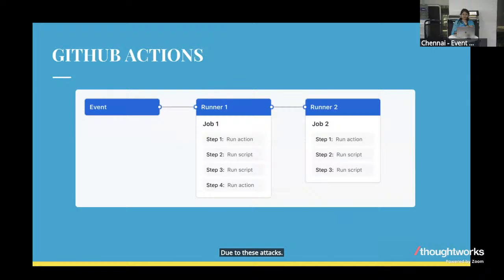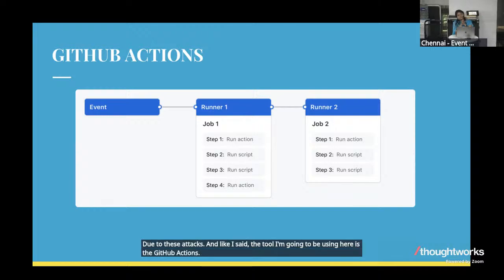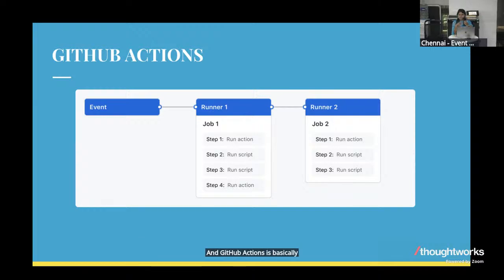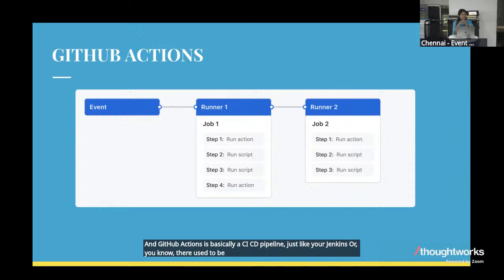And like I said, the tool I'm going to be using here is GitHub Actions. GitHub Actions is basically a CI/CD pipeline, just like Jenkins or, there used to be, GoCD.